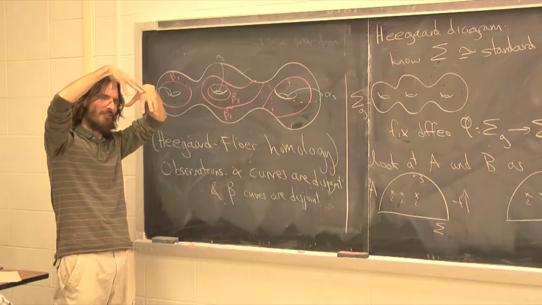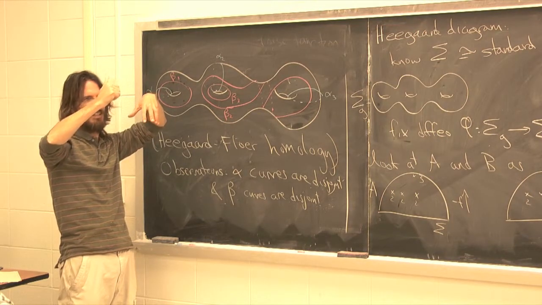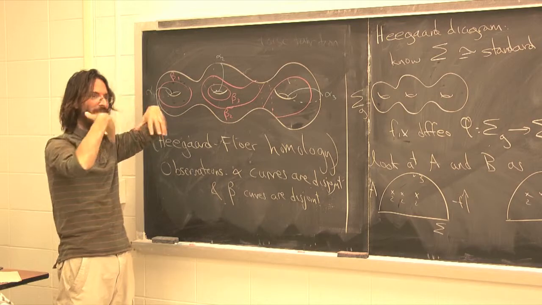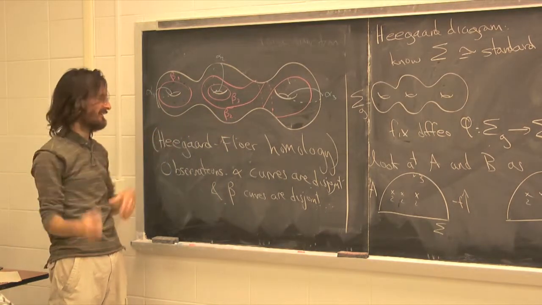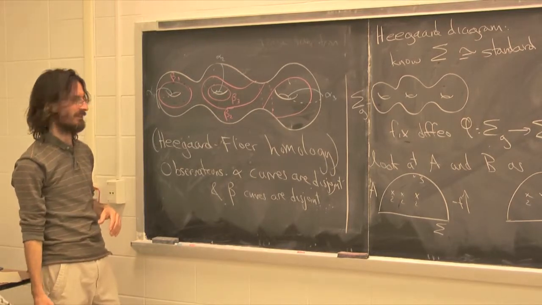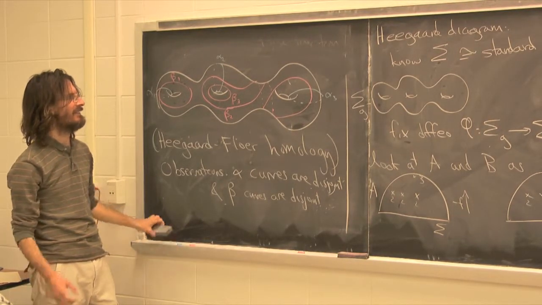So if it did run over, you'd see it hit something and then disappear, and then you just slide it off one way. But once you slid it all off, so entirely lying in sigma, then they've got to be disjoint. But the alphas can intersect the betas in all sorts of different ways.